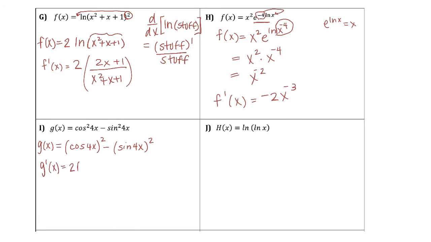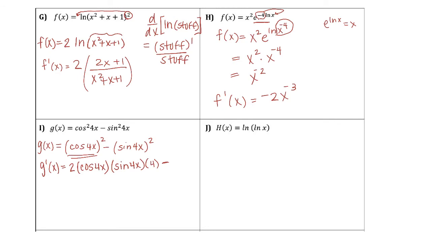So it's going to be 2 times cosine 4x to the first, but then it's also times the derivative of the inside, which is going to be negative sine of 4x, and then times the derivative of 4x, which is 4. So there's going to be just the derivative of that first part, minus, and now we're ready for the derivative of the second part.